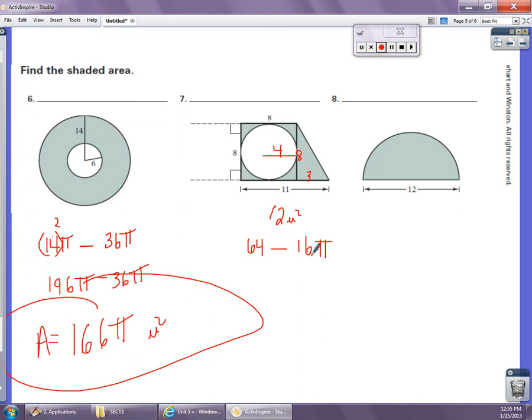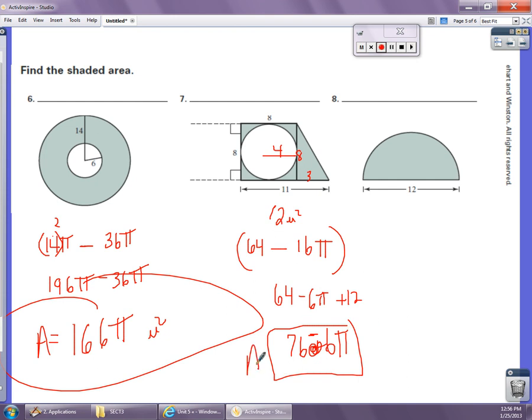So if I take out the circle, this would represent the area of the shaded region. I can't combine them because one of them has a pi in there. And then I'm going to go ahead and add the 12. So 64 minus 16 pi plus 12, I can combine the 64 and the 12 and get 76 minus 16 pi would be the total shaded area.